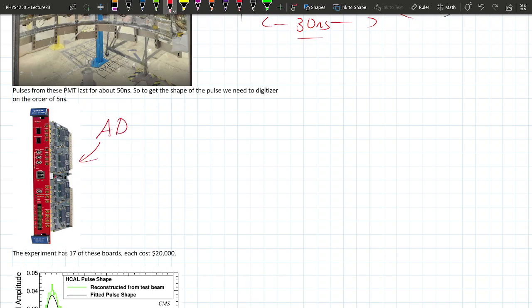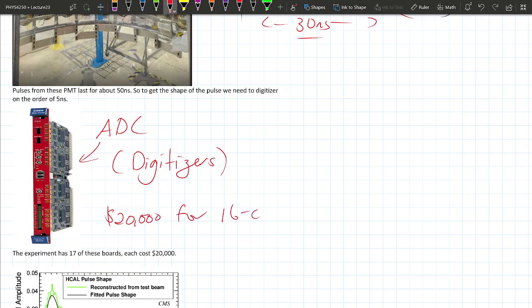So these are ADCs; they call them digitizers. Each of these costs about $20,000 for 16 channels. It can do 16 PMTs at a time, so each channel is about $1,500. So flash ADCs are expensive.